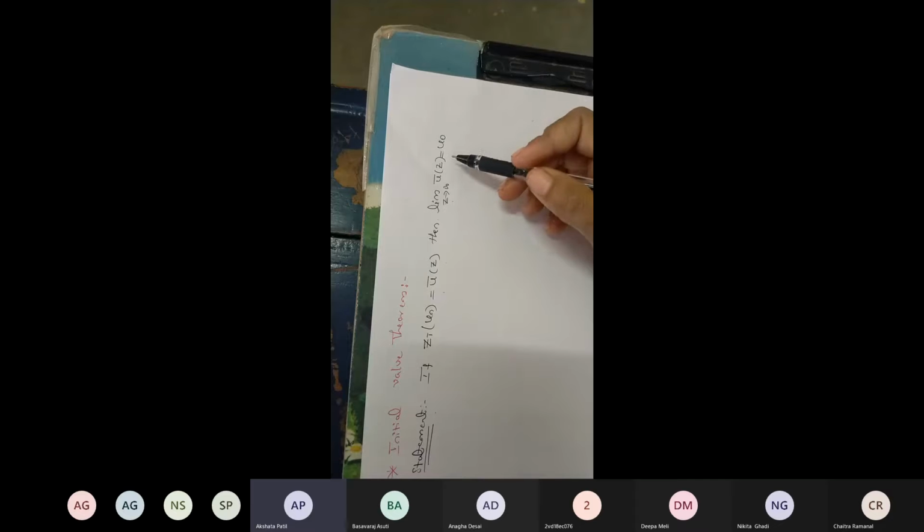Initial value theorem means they have given the statement: if z transform of un is equal to u bar of z, then limit z tends to infinity u bar of z is equal to u naught.